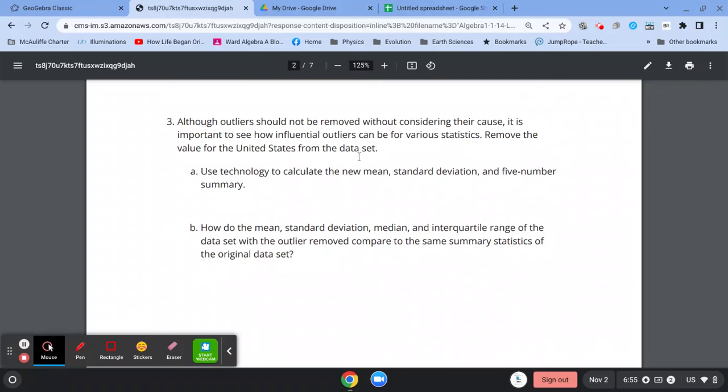So if we remove the data of the United States from the data set, we're going to use the technology to find the new mean, standard deviation, and 5-number summary. And then how do they compare to the original summary statistics?